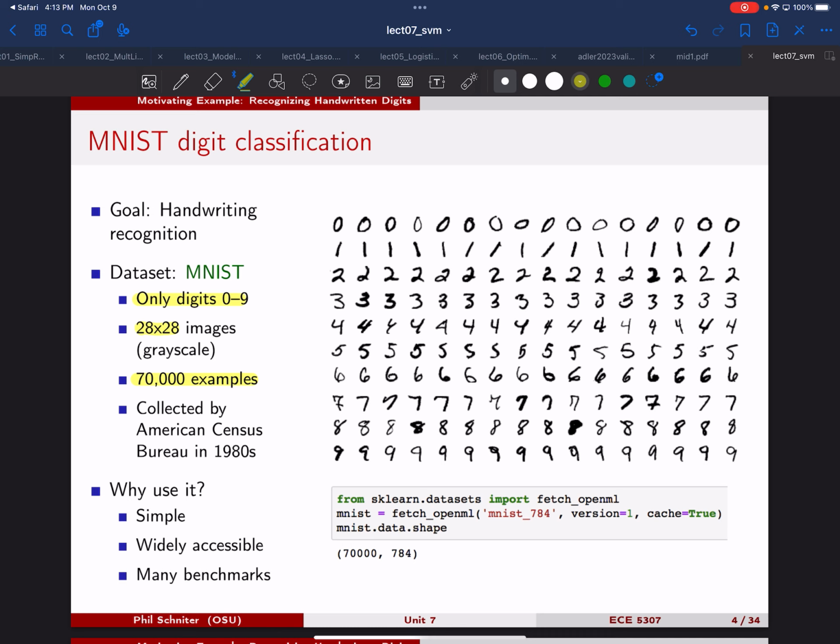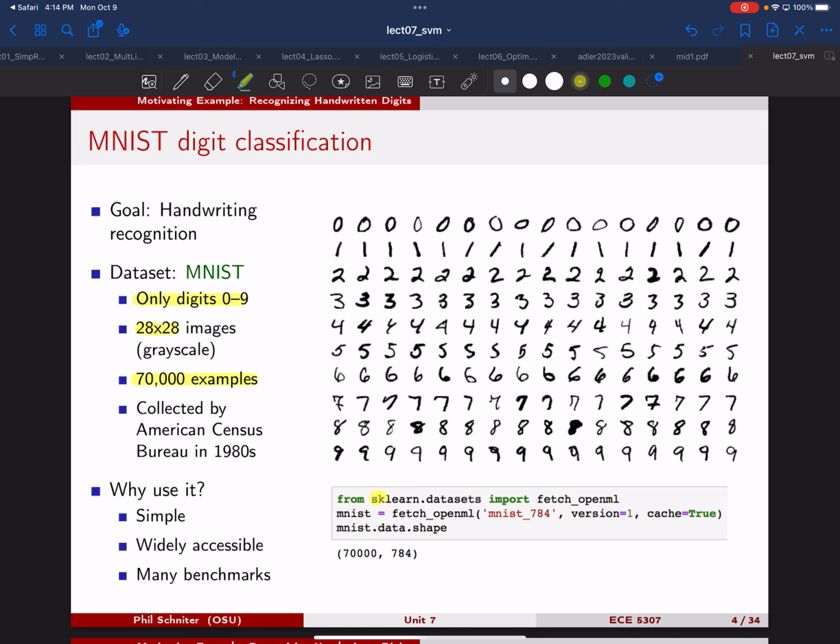This is a very famous data set for machine learning. Let's say you have a new method and you want to try it out. It's relatively simple, it's widely accessible, it's not too big, it's not too small. There are many benchmarks for it.